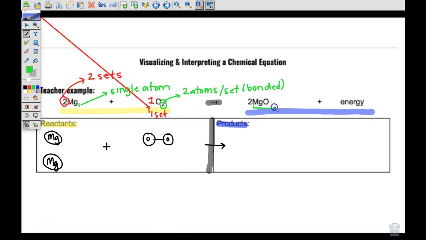In MgO, there are no numbers, but I can assume there to be 1. Because these 2 symbols are next to each other, that means that they're connected. So I'll have 1 atom of Mg connected to 1 atom of O. But this 2 in the front means I have 2 sets of this, so I'm going to have to draw this one more time.